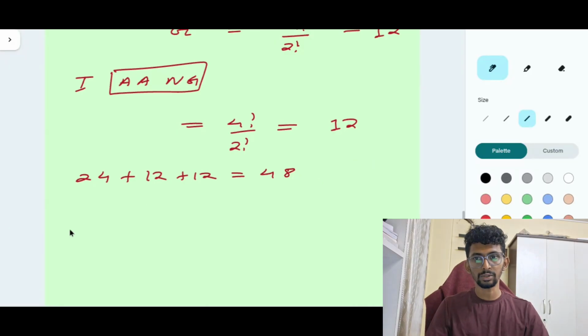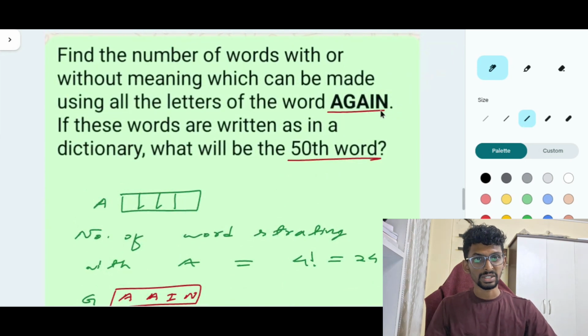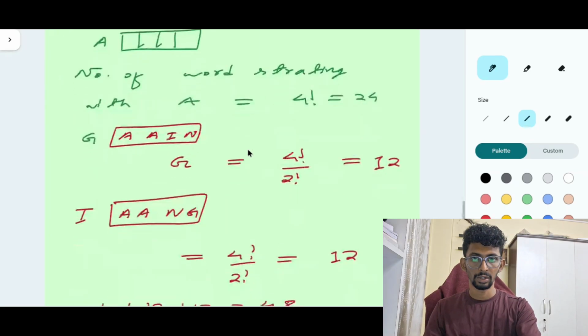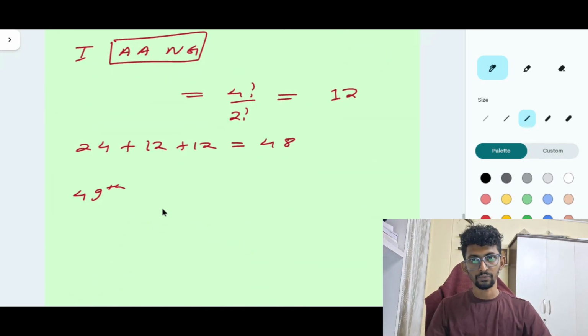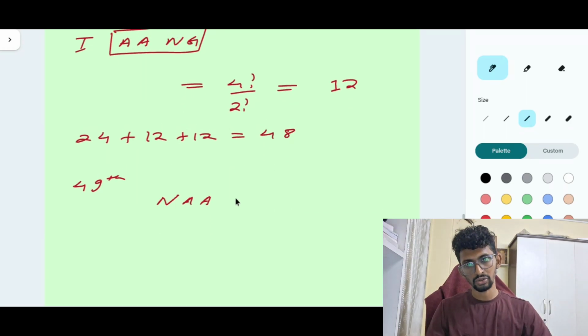So the 49th word will start with N. Okay, because next alphabetically out of these 5 letters N will come. So if I fix N as the first letter, the rest 4 letters will be A, then G, I, because I also arrange this alphabetically.